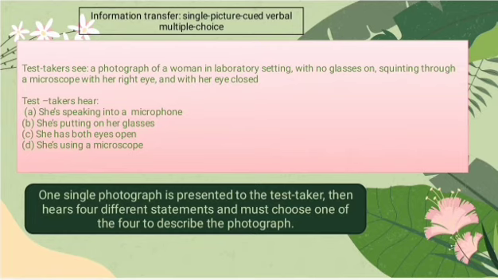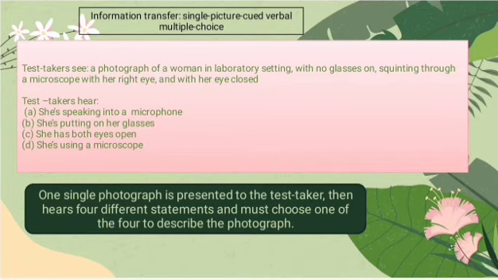The picture is a photograph of a woman in a laboratory setting with no glasses on, squinting through a microscope with her right eye and with her left eye closed. So the test taker sees a single picture of a woman in a laboratory setting.